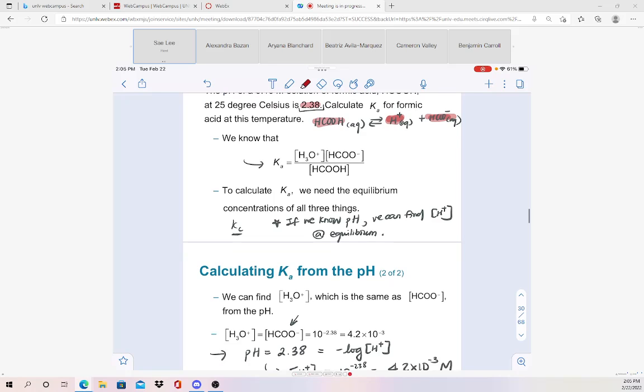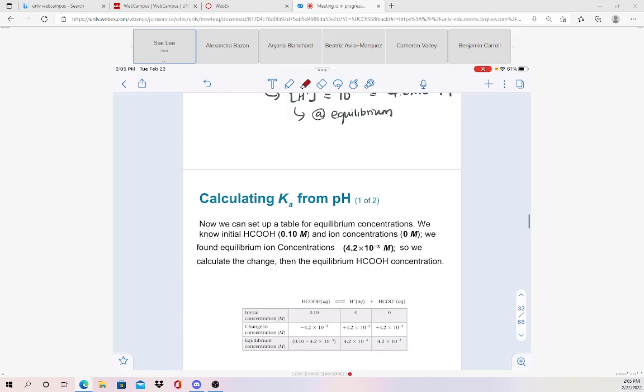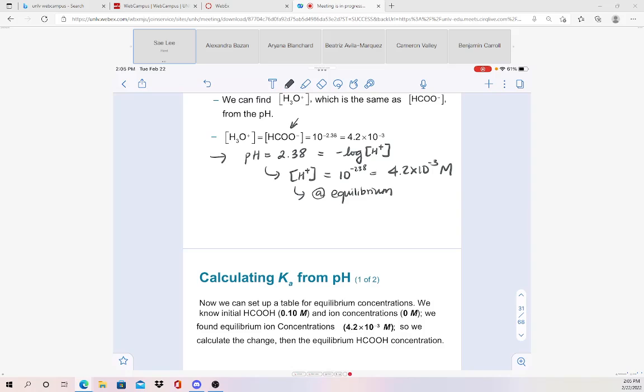So the concentration of HCOO minus is also going to be 4.2 times 10 to the negative 3 molar. They equal each other.